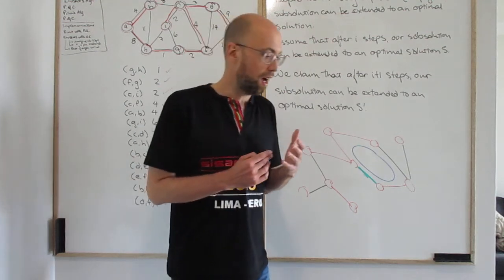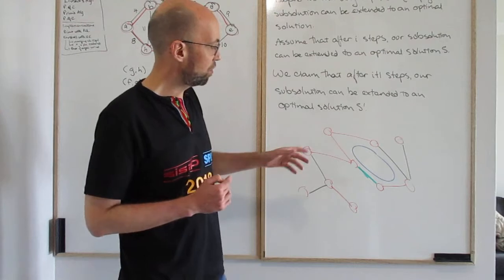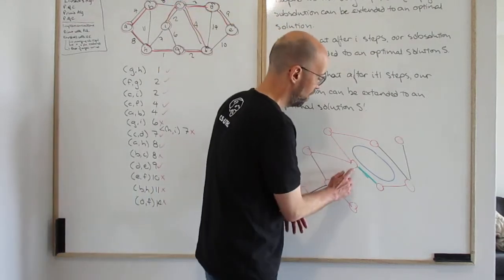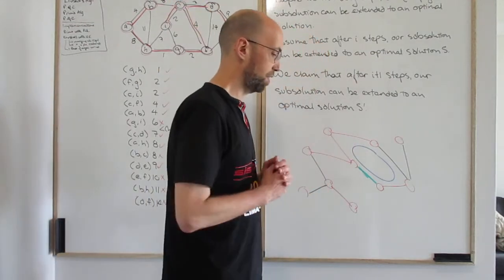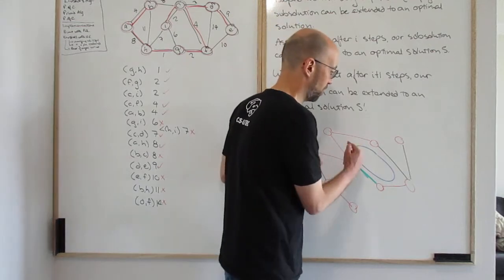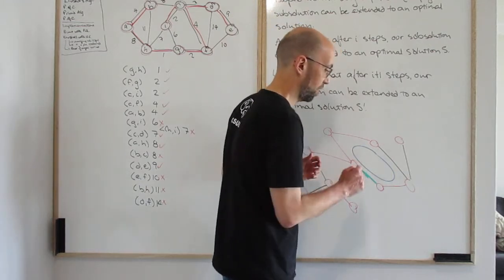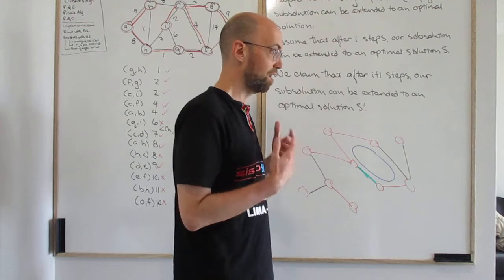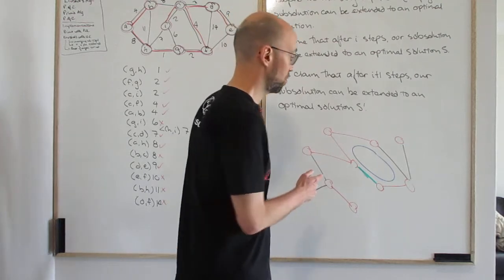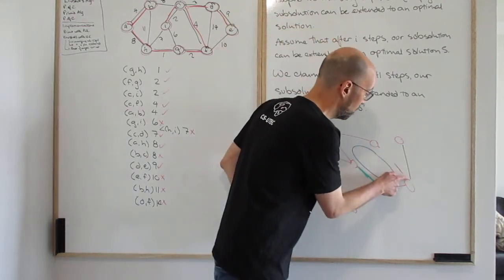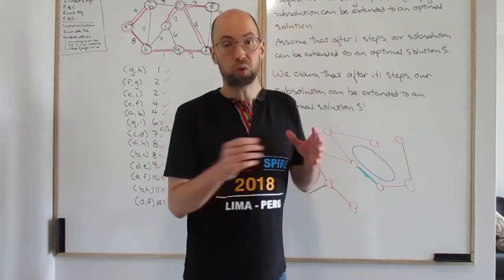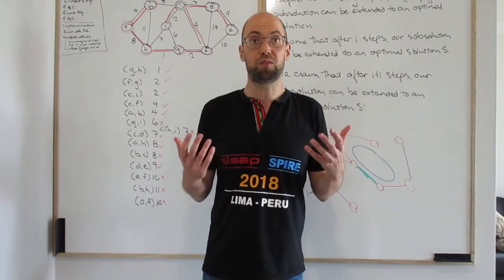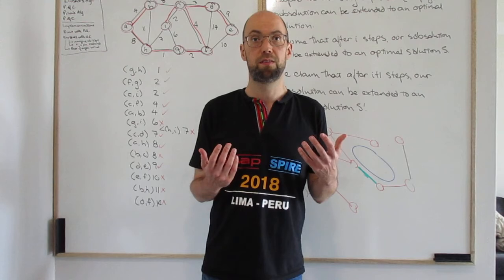So if we take S, we add the edge we take on the i plus first step, it creates a cycle, we find an edge on that cycle. There has to be one that is in S but is not in our sub-solution so far. And then we take it out, the total cost of the tree does not go up.